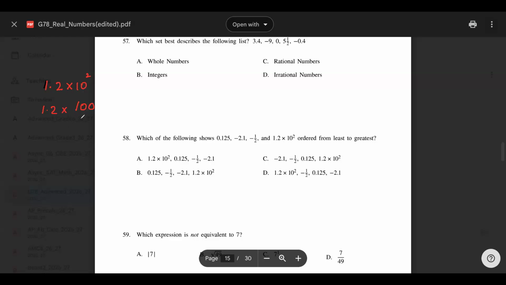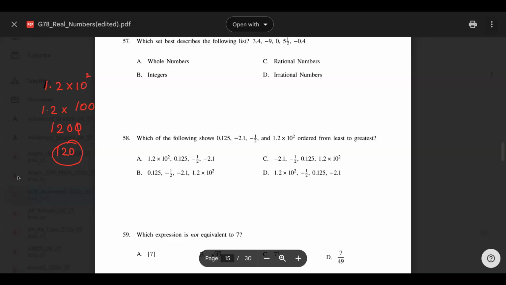So 1.2 times 100 is what? 1200. Cut down one decimal point, it's 120. Does it make sense? Did that make sense, guys?